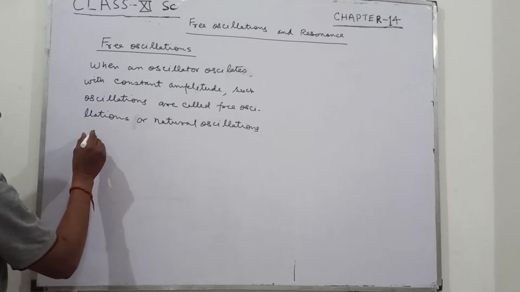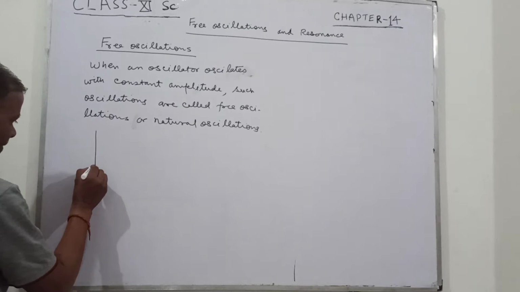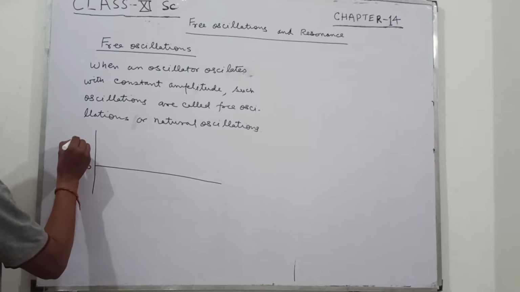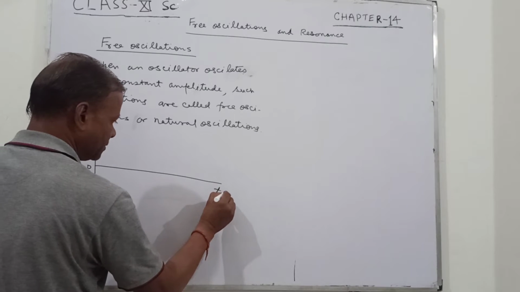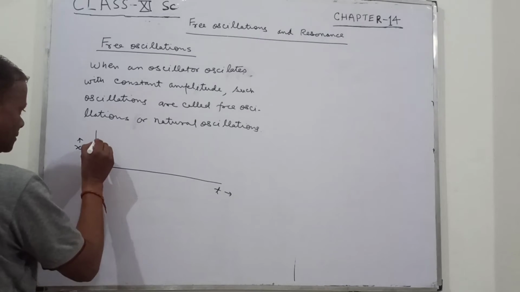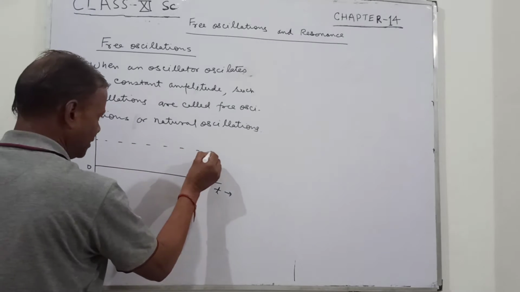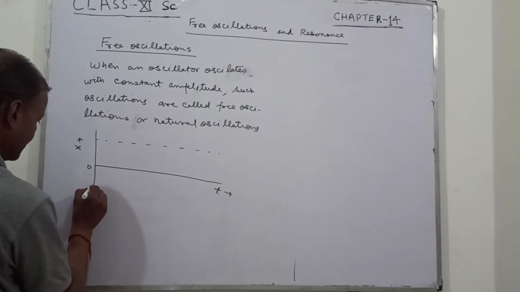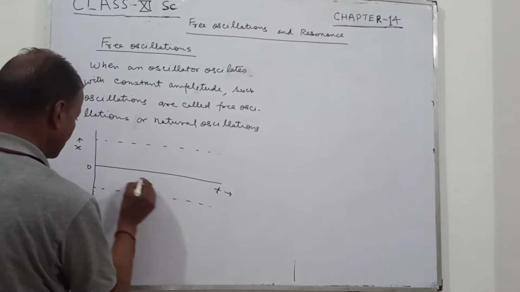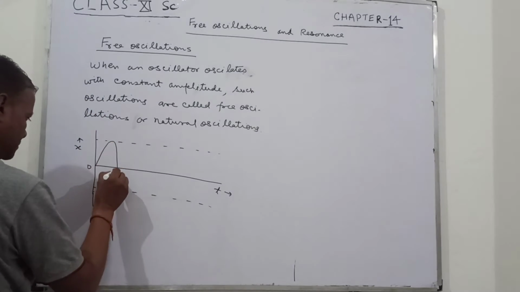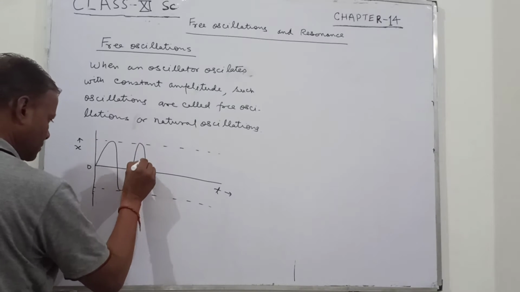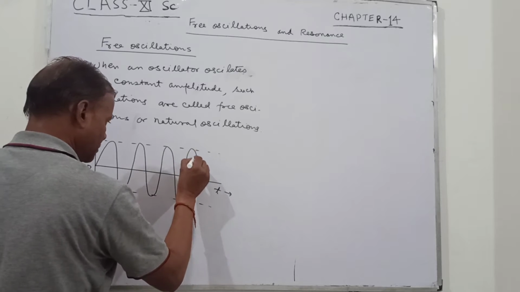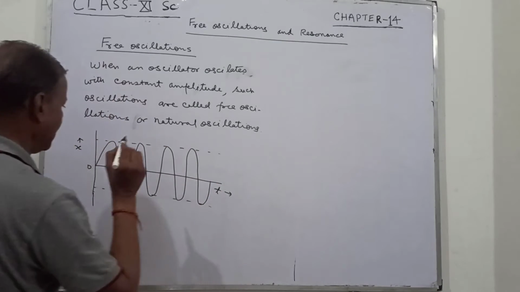So this is like this. This is 0, this we have the x, this we have the time t. Then I make this line like this.